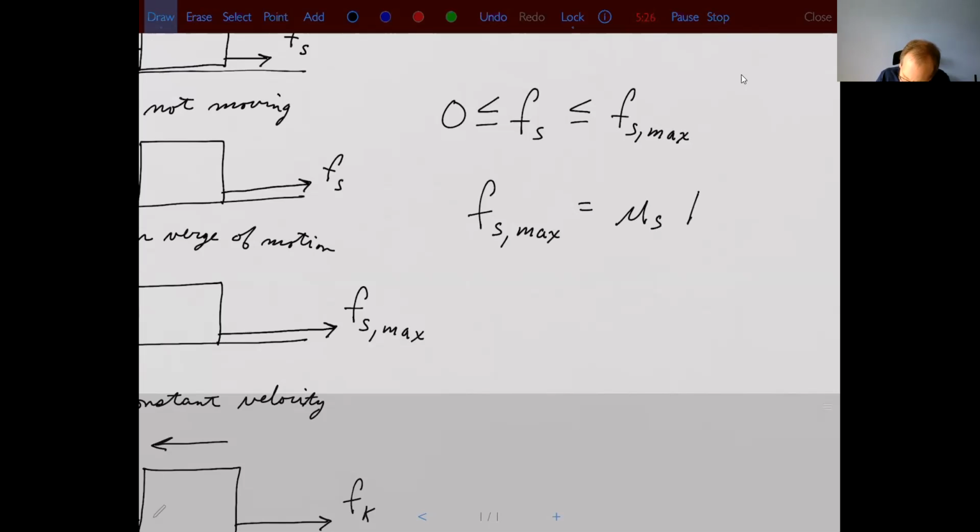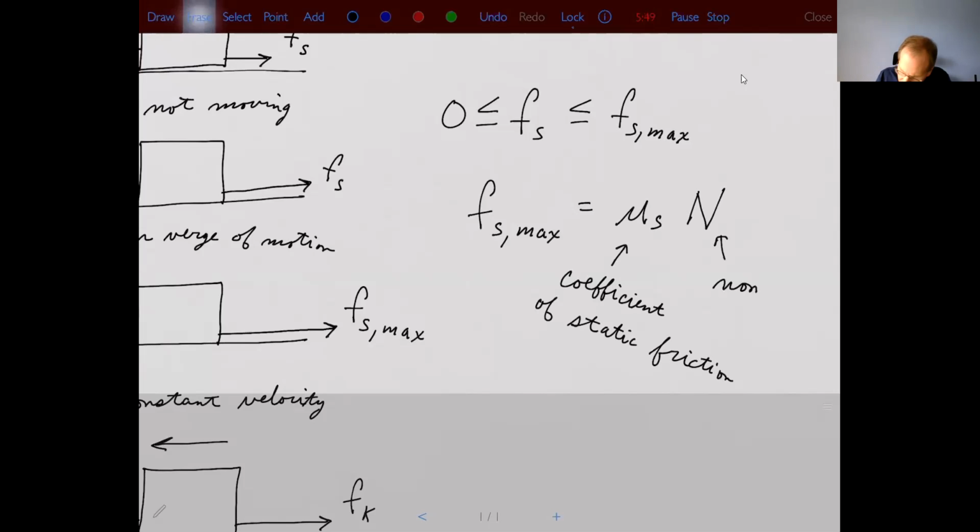And then the normal force I'll just call n. So what is this proportionality constant? This is called the coefficient of static friction. And then the n is the normal force. Let me do a better job with that.